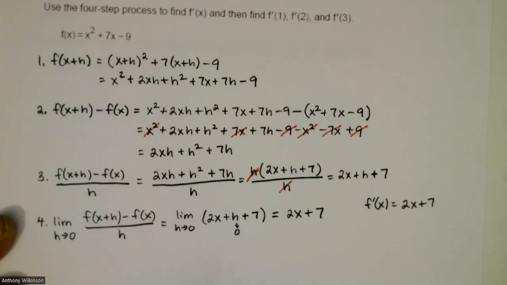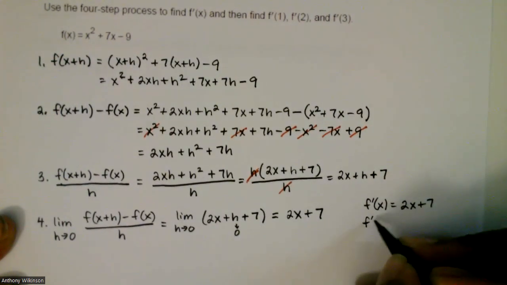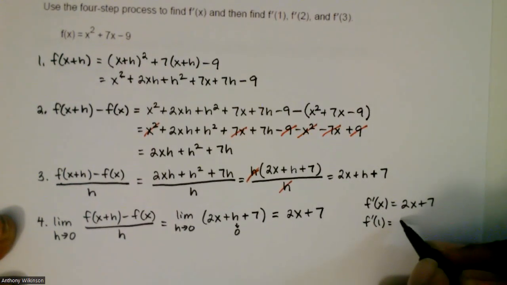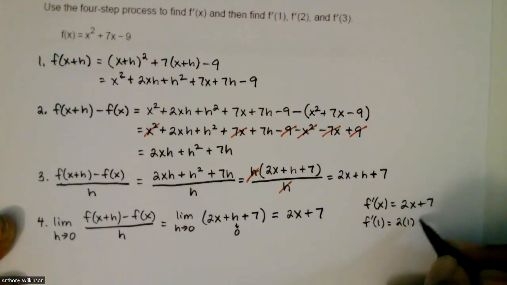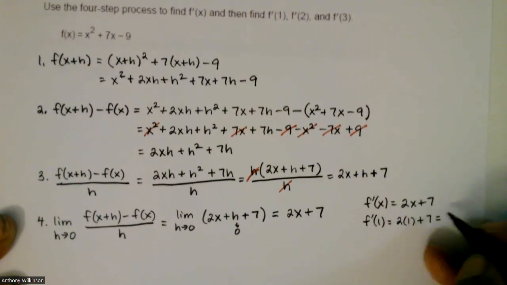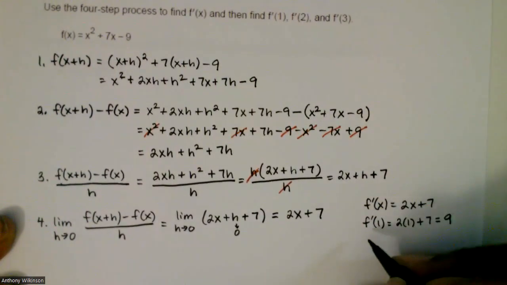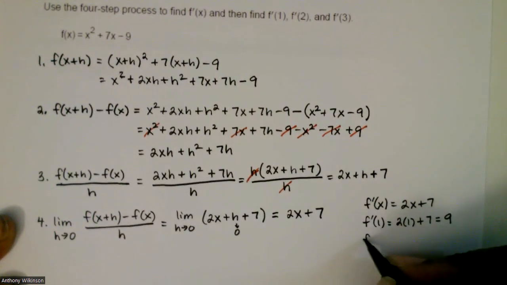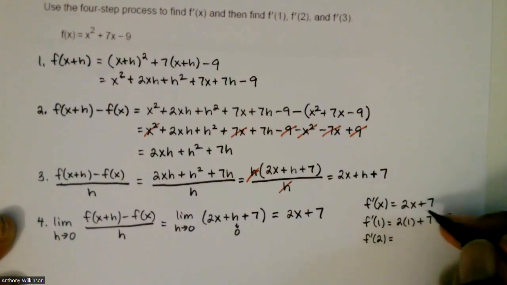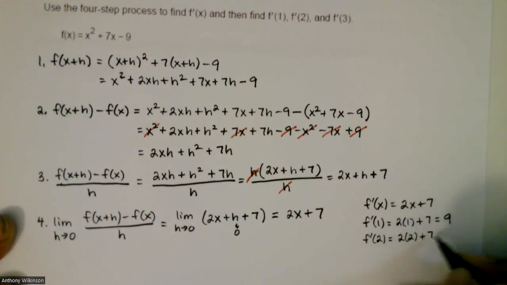Now the next step would be to just find f prime of 1, f prime of 2, and f prime of 3. Well, f prime of 1 is where we just substitute the x with the 1, so it'll be 2 times 1 plus 7. Well, 2 times 1 would be 2, 2 plus 7 would be 9. So that's what f prime of 1 will be. F prime of 2 is just replacing the x with 2 again. 2 times 2 plus 7.